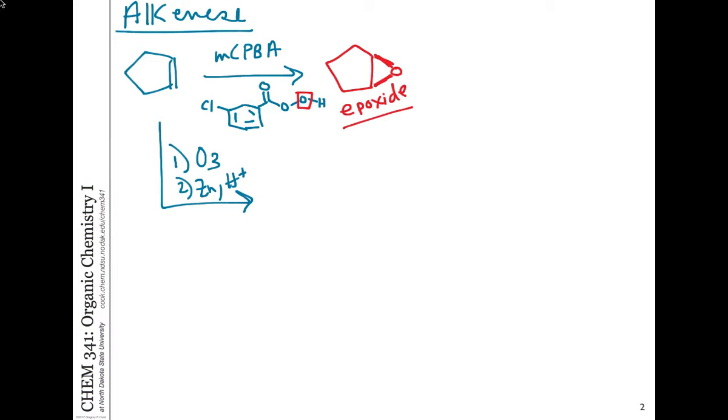It's a very reactive oxidant, and it's so reactive it breaks apart the CC bond completely. What does it put on either end? A double bond. Not a carboxylic acid, but it's double bonded oxygen.